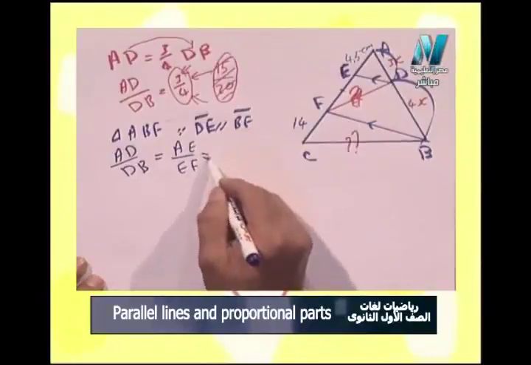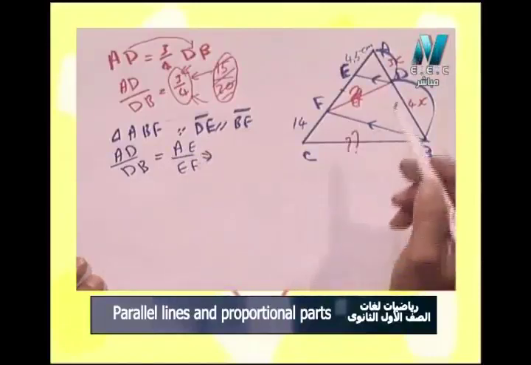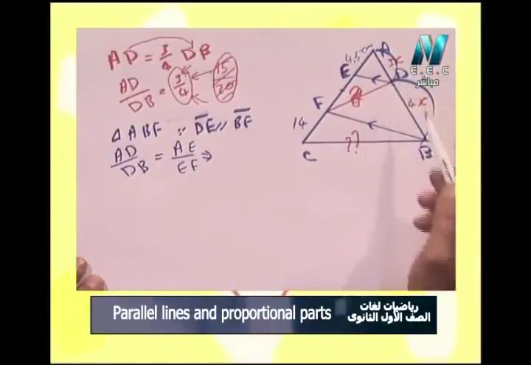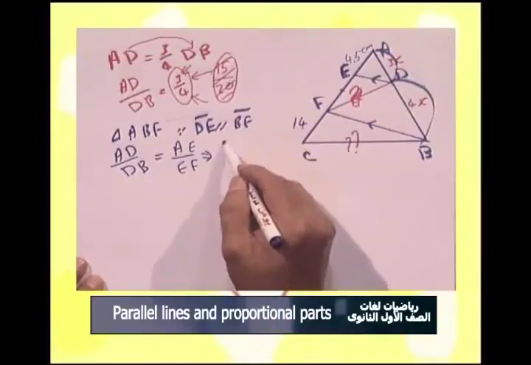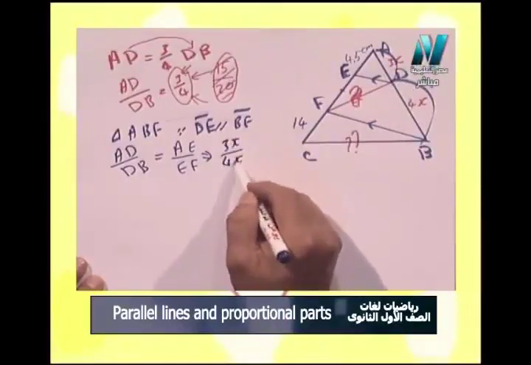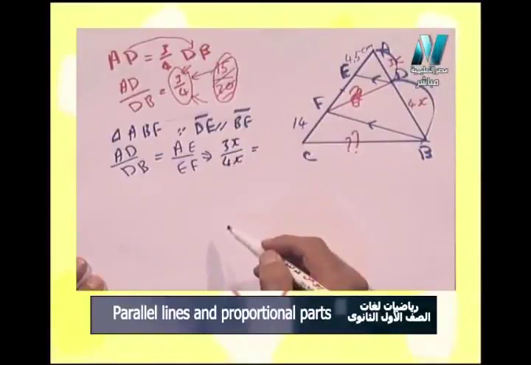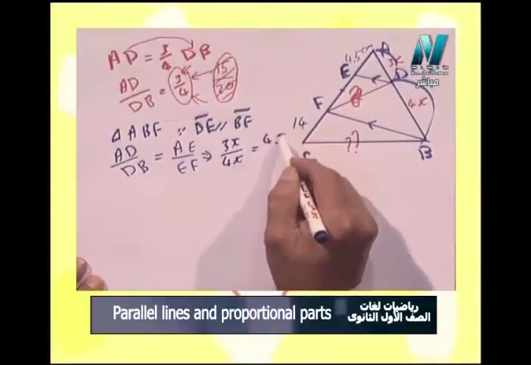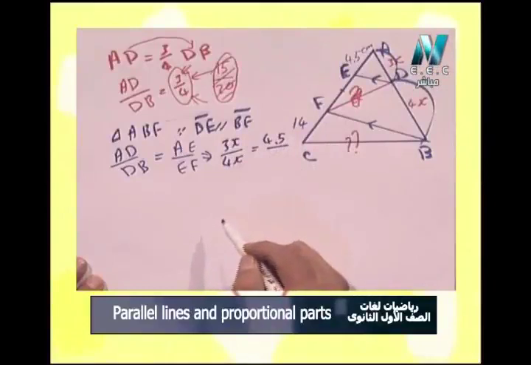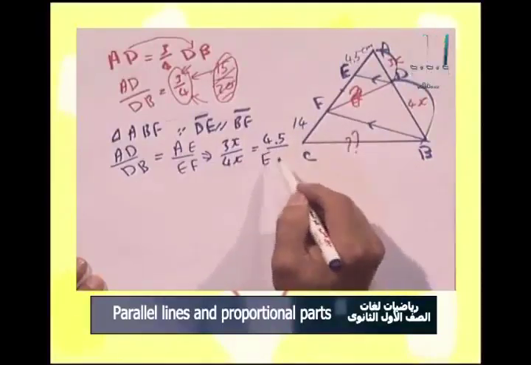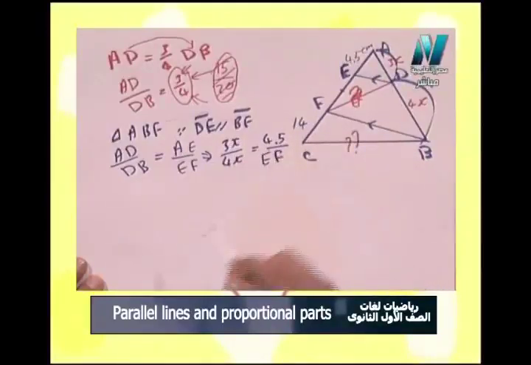We have AD 3x and DB 4x, so 3x over 4x equals AE, which is 4.5, over EF, which is unknown. We can cancel x with x here.